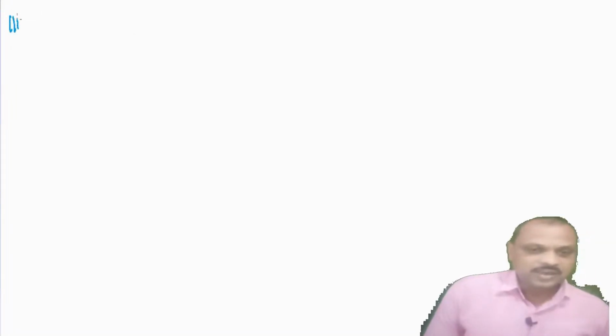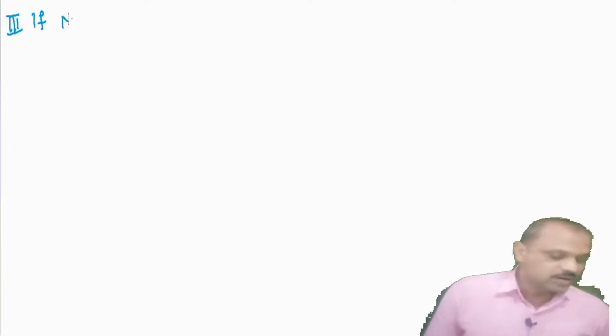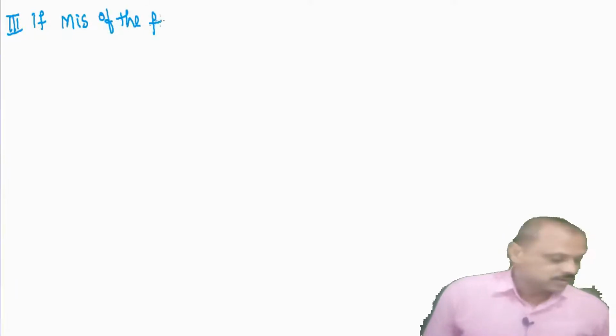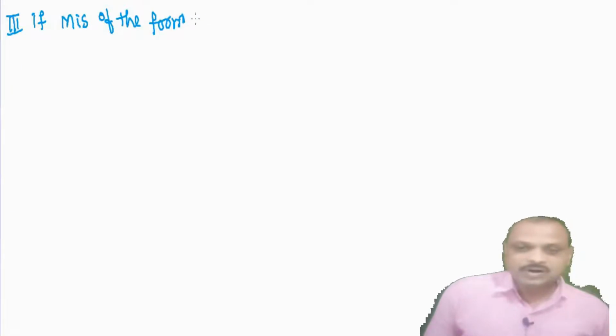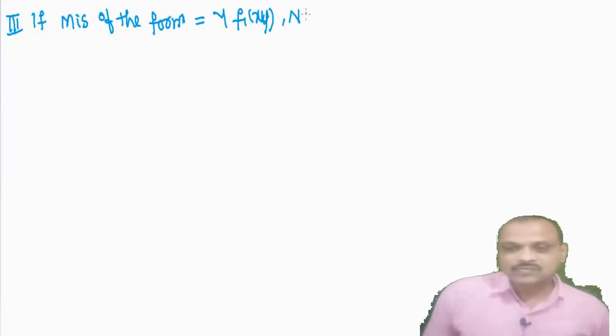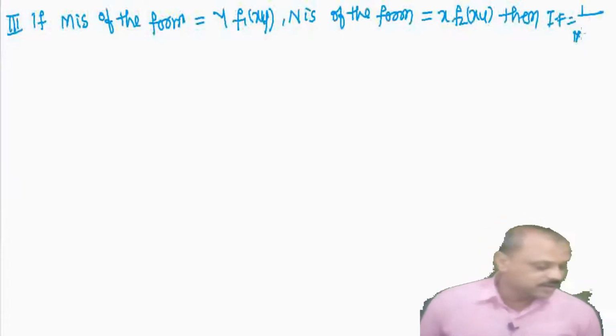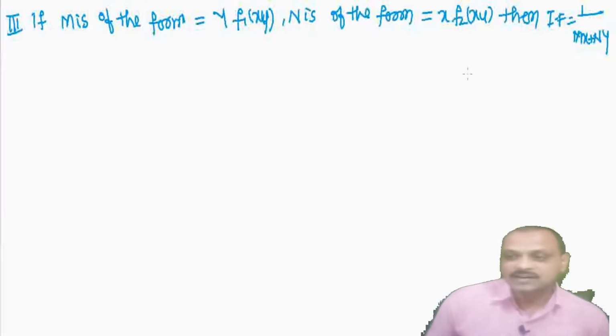If M is of the form y into f1 of (x, y), and N is of the form x into f2 of (x, y), then in this case the integrating factor is 1 divided by (Mx minus Ny).